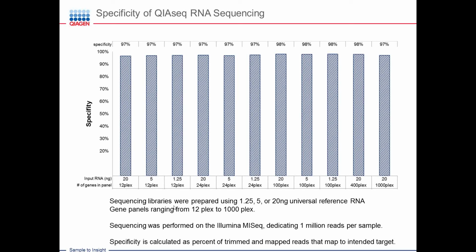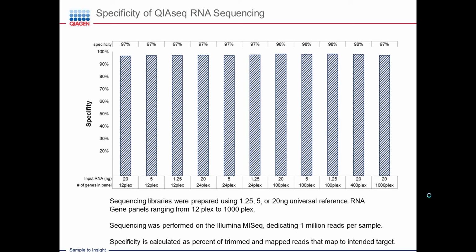The nanogram of RNA and the small panel is actually more challenging. You need to do a couple more cycles of PCR to make enough material. You would notice the difference in terms of the barcodes. A 12-plex library with a nanogram would have a lot fewer unique barcodes than a 1,000-plex library with 20 nanograms, because you're sampling fewer RNAs.